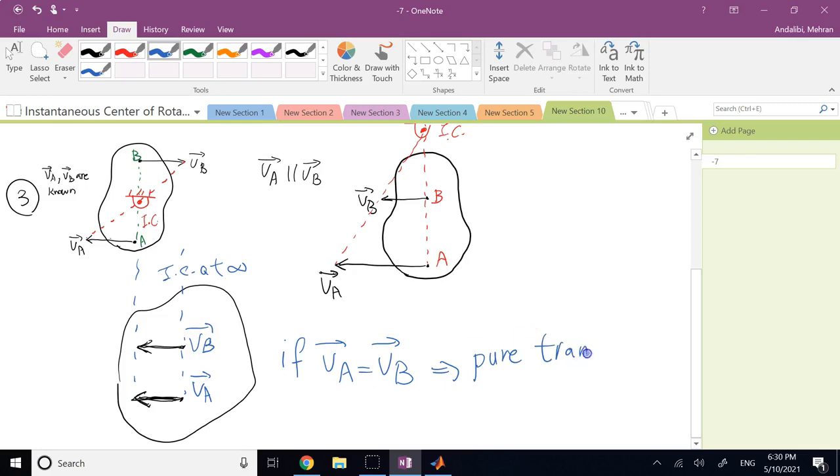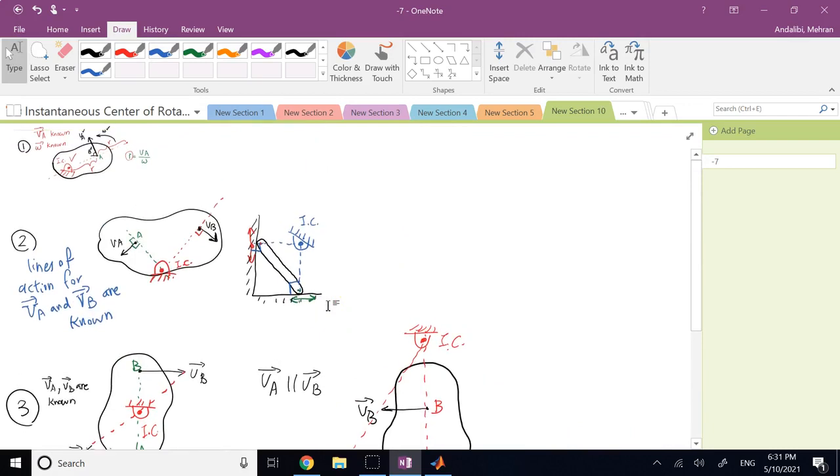Pure translation. That's the definition of pure translation, which means omega is what? 0, or the instantaneous center is at what? At infinity. Correct? And of course, that's the case. So these are different ways to determine the instantaneous center.